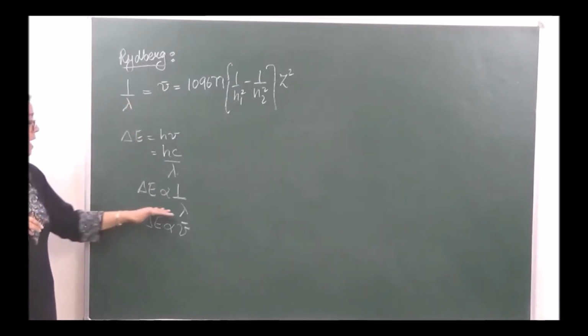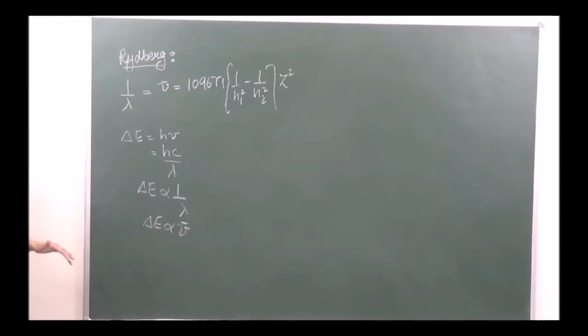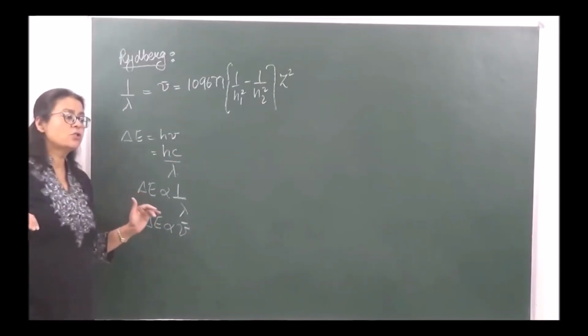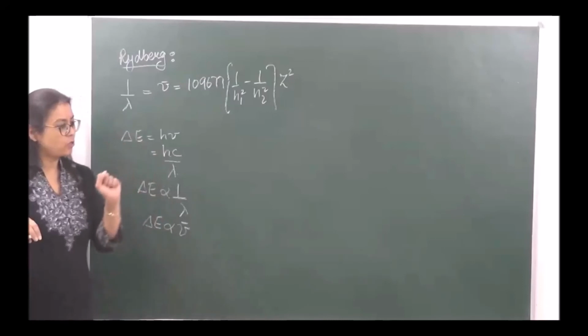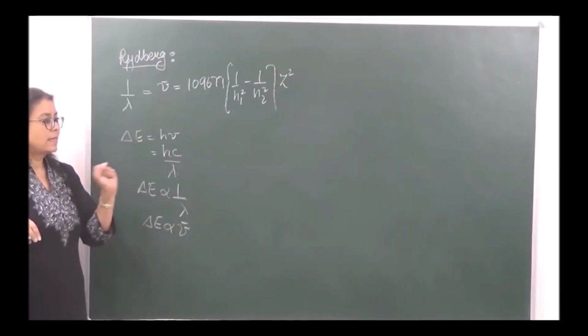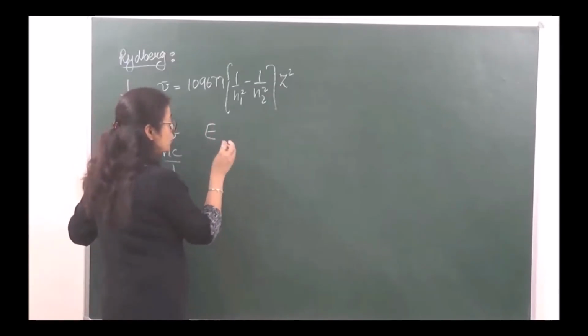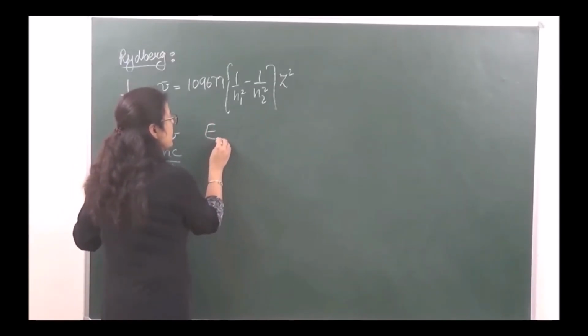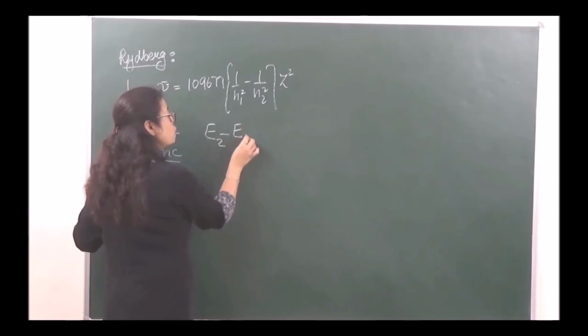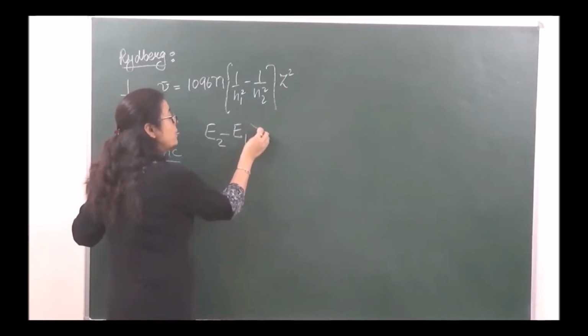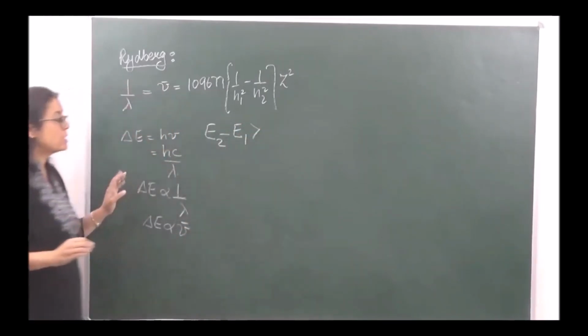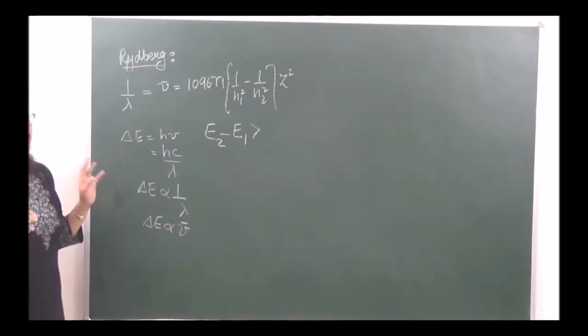If we are getting higher value of wavelengths, then the energy associated with the electron is going to be less. And this explained the trend of transition which we had done, that if the electron is going from E2 to E1, that is going to be highest, because lambda is going to be lowest over here.